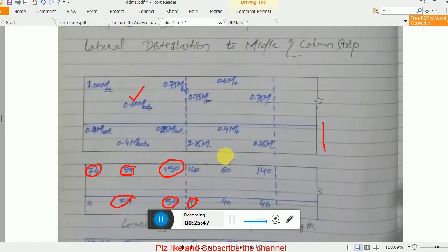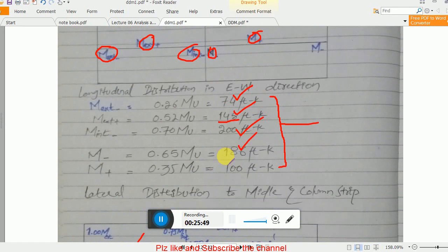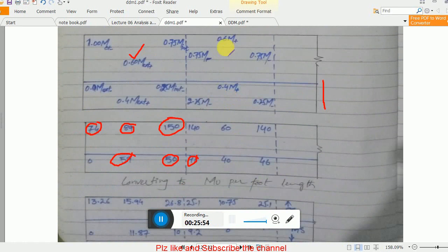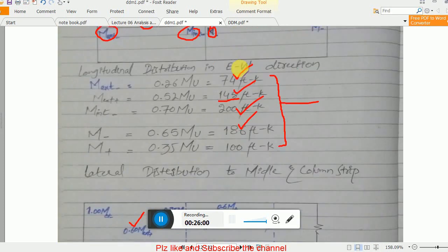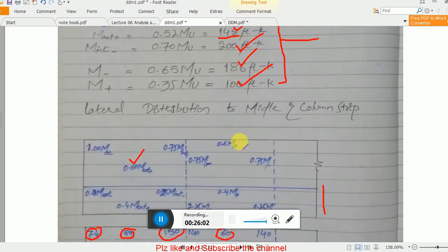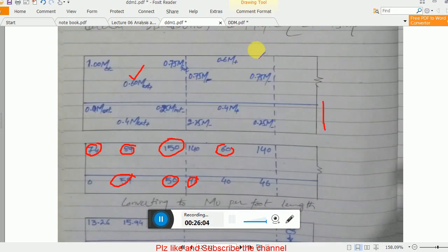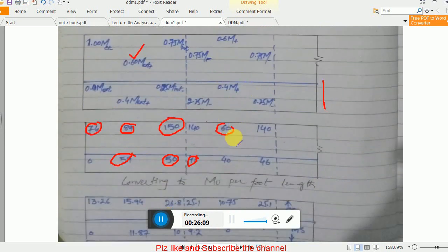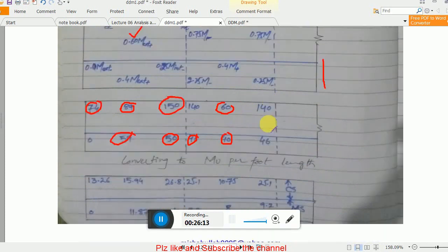And in negative or in positive, remember this 60. This 60 comes from 60% of your M positive moment, 100. So 60% of 100 is 60, while 40% of 100 is 40, and the rest of the calculation will be repeated as usual.